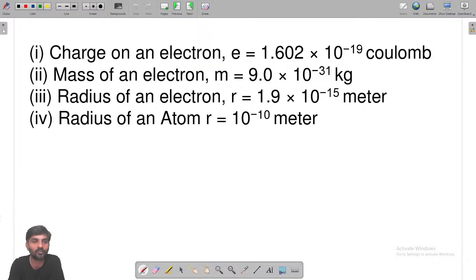Now, moving on. We have the charge of an electron, 1.6 × 10^-19 coulomb. You need to remember this. The mass of an electron is 9.1 × 10^-31 kg. See how much the difference is.